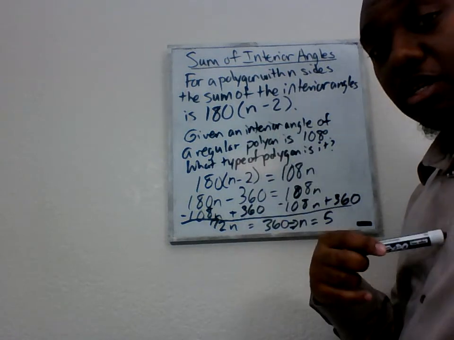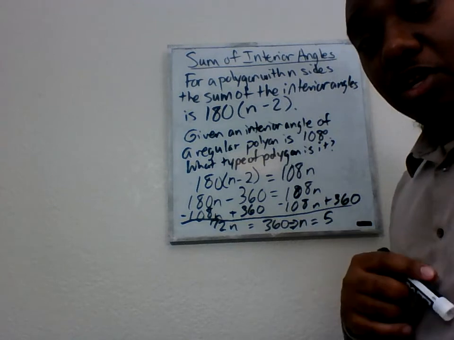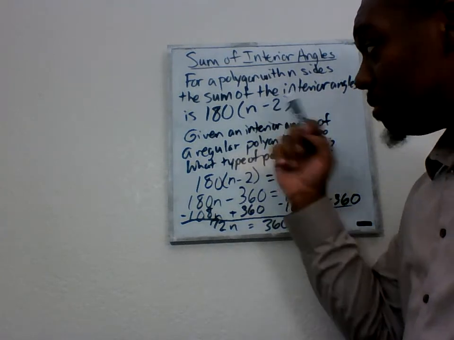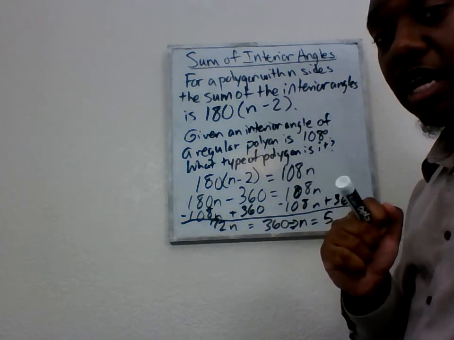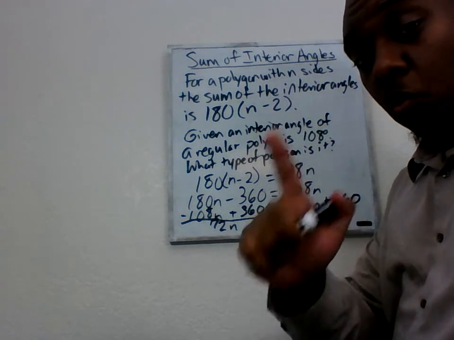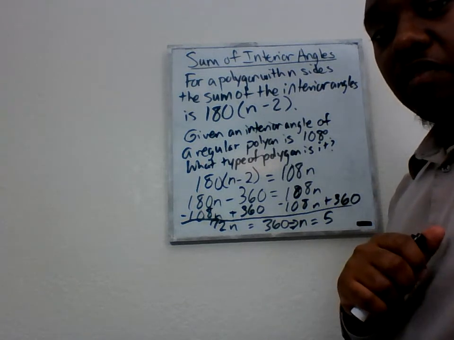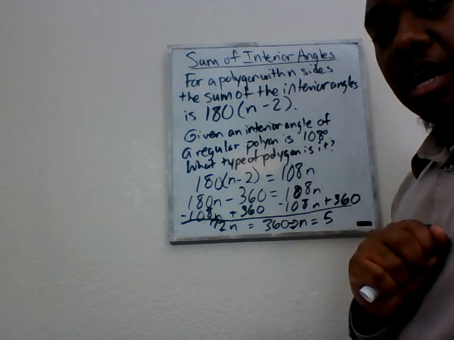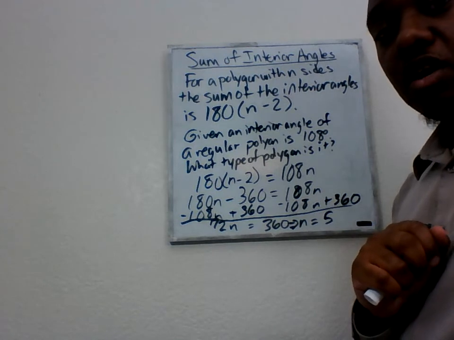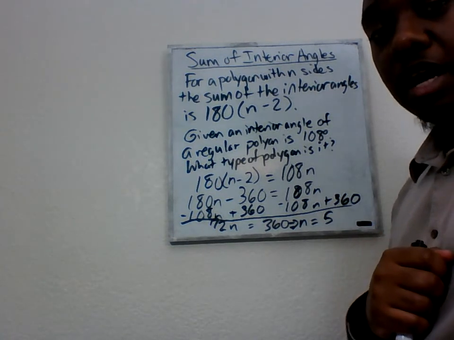Or you can just plug it into the formula here, whichever one you want to do. And you can use that to find out what is the sum of the interior angles. You can use that to find out, if it's an equiangular or regular polygon, the measure of just one of the interior angles. And if you're given the measure of one of the interior angles, you can find out what type of polygon it is, if it's a regular or equiangular polygon.